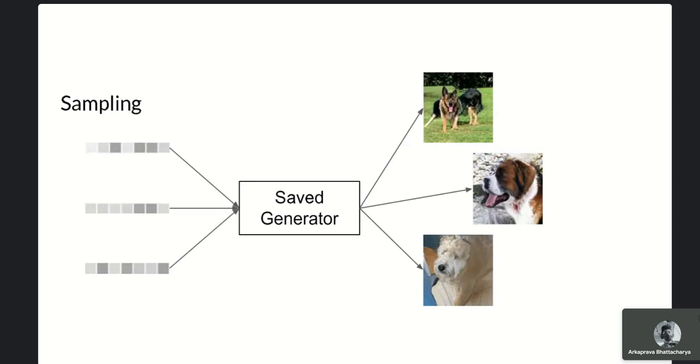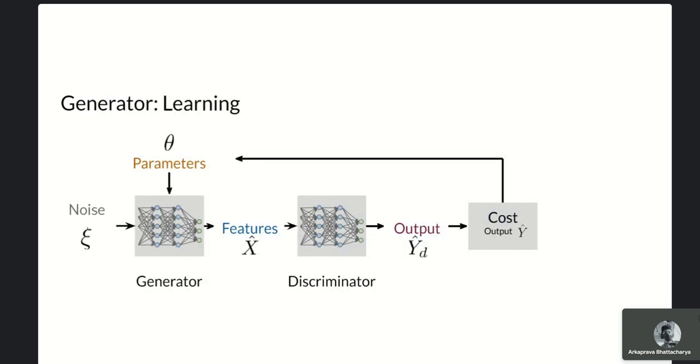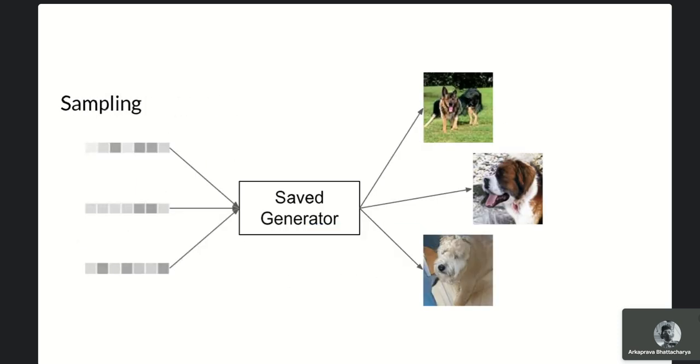Once you have trained your generator, then you can save your generator. You can provide different noise vectors, and then you can produce different types of images that you want.